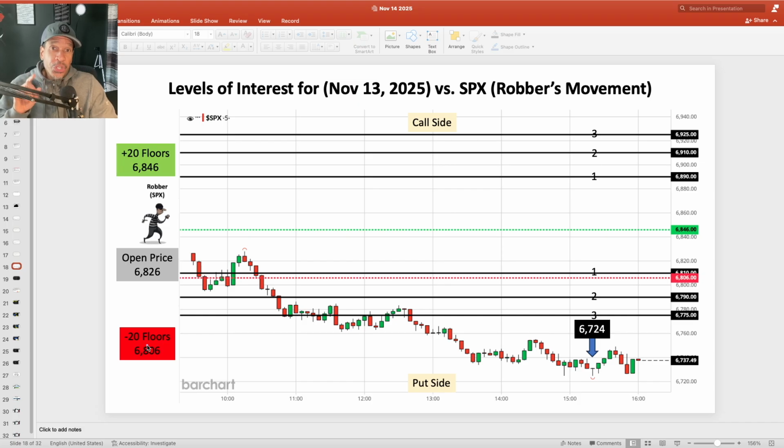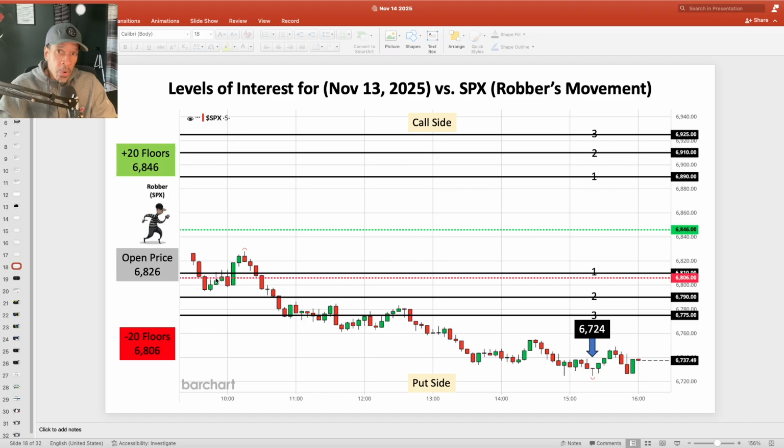So my first cue to look to put on a zero DTE trade on the SPX is if the SPX moves 20 points above or below the opening price, because that 20-point move is a significant move from the SPX.